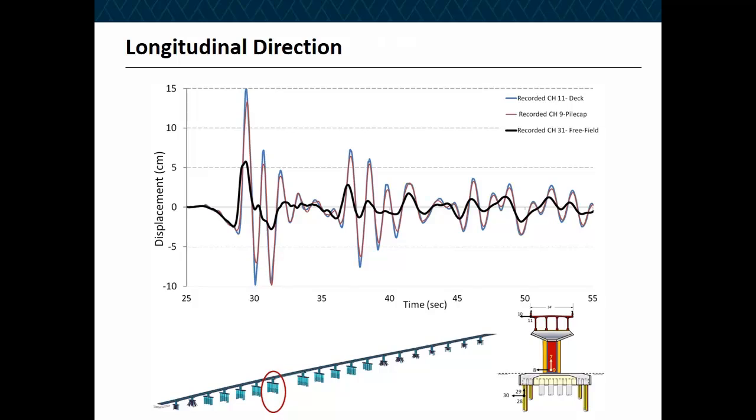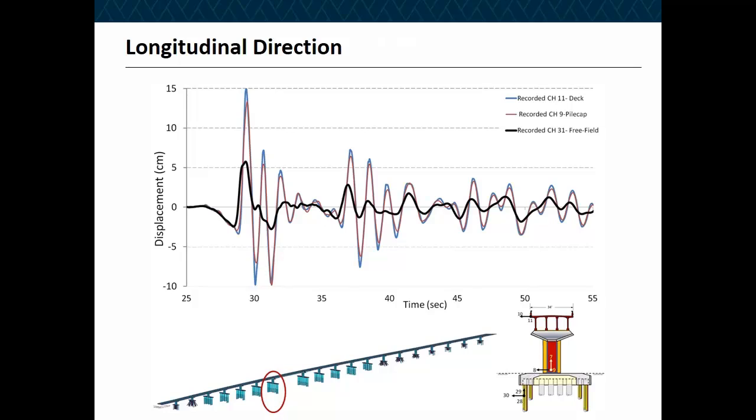So these are the recorded motions in the longitudinal direction of the bridge. I'm looking at channel 11, which is the longitudinal direction, and channel 9, and the free field motion, which is somewhere at the base of the column or at the base of the piles. The black line is a recorded motion, channel 31, free field.